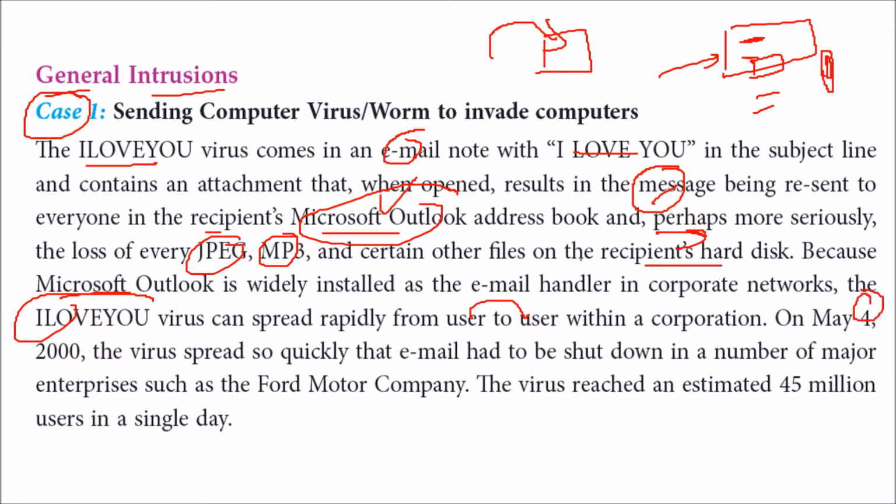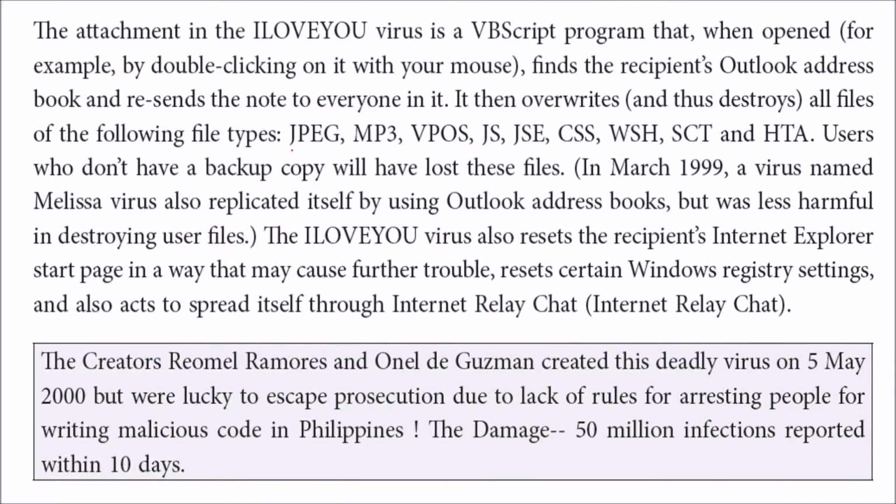On May 4, 2000, this virus spread so quickly that email had to be shut down in a number of major enterprises like the Ford Motor Company. This is just one name. The virus reached an estimated 45 million users in a single day. You can assume what has happened.